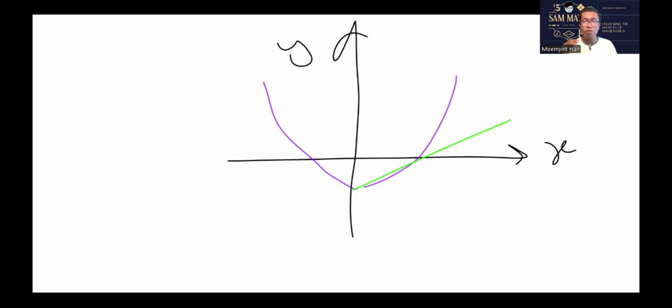Most of the time when we encounter a parabola like this, we will encounter especially two types of parabola. The first type is in the shape of a U, and the second type will look something like an inverted U, right? I'm going to show you what the difference is later.